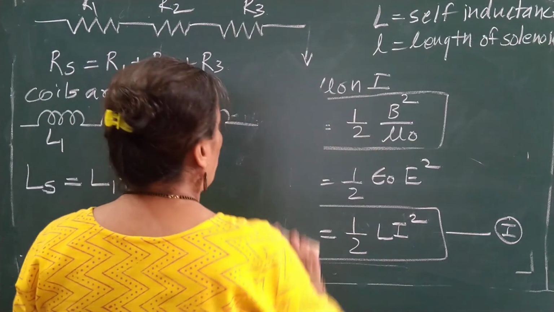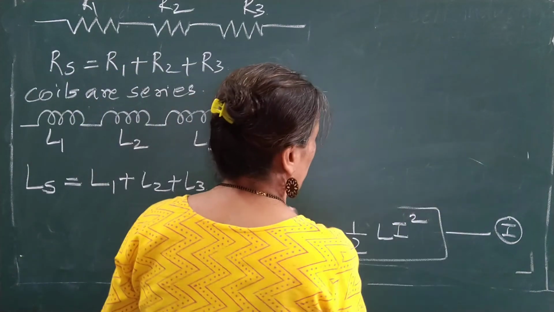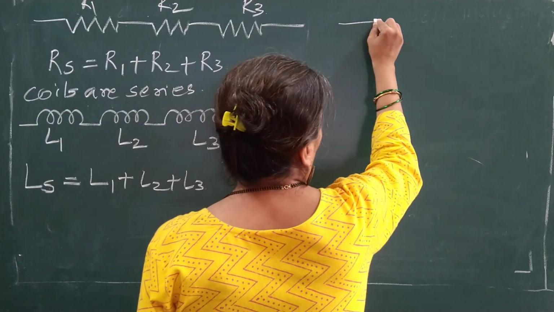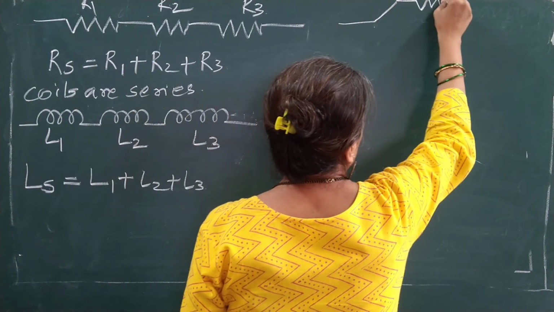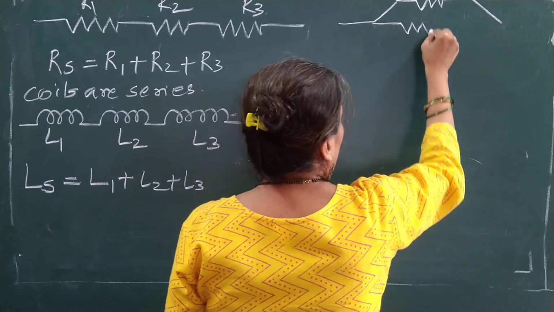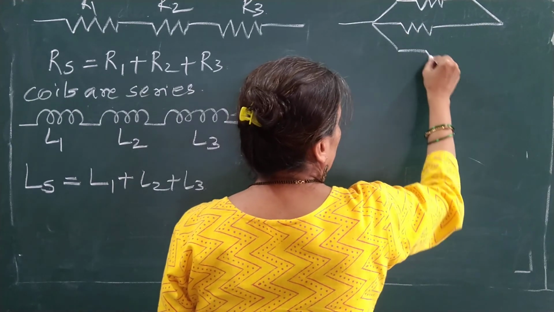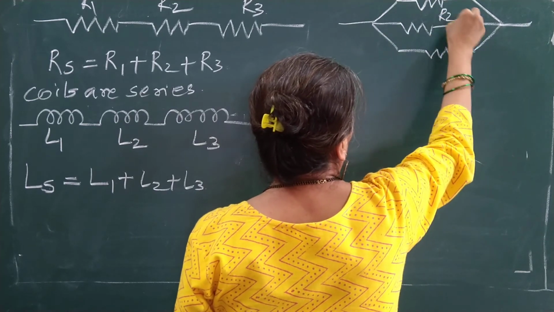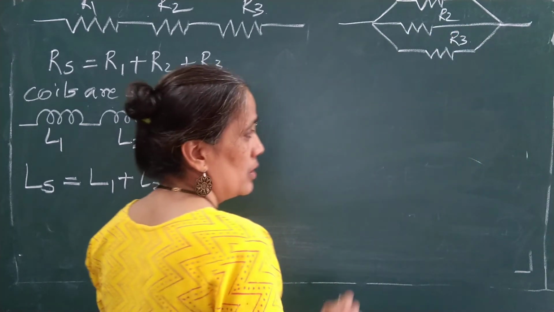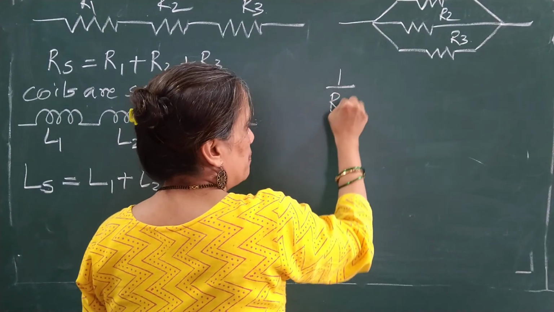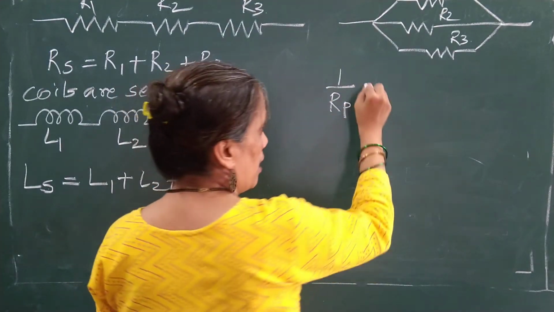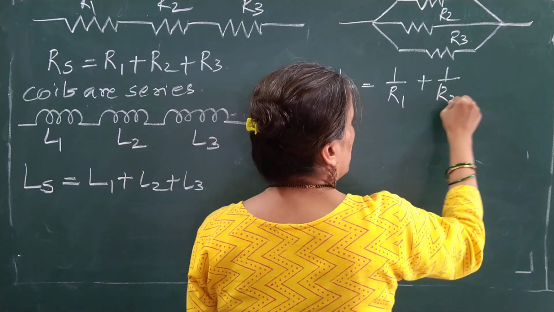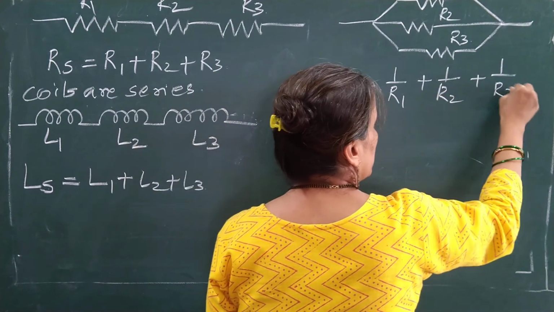Same thing I can write for parallel combination now. Already we know that in 11th standard you have seen when 3 resistances R1, R2 and R3 are connected in parallel combination, their equivalent is written as 1 upon R_P equal to 1 upon R1 plus 1 upon R2 plus 1 upon R3.